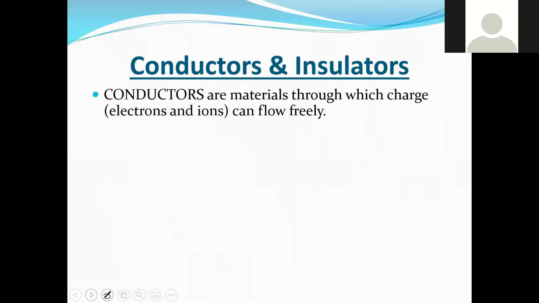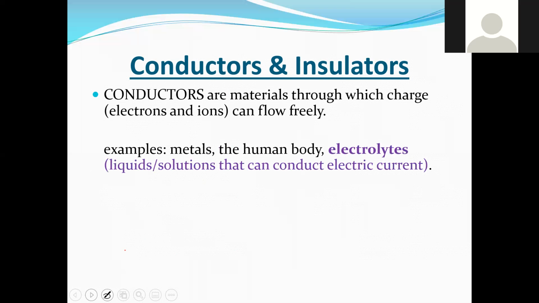So conductors will allow electrons and ions to flow freely, where insulators will not. So examples of conductors would be metals. The human body is a conductor because we have electrolytes. Those are liquids and solutions that can conduct electric current.